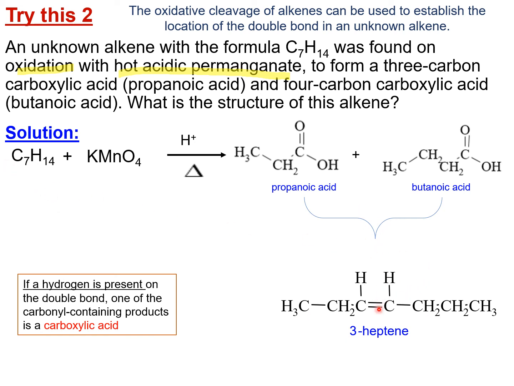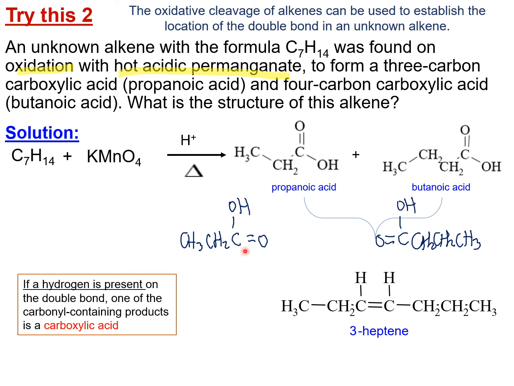Macam mana you tahu dia punya double bond dekat sini? Okay, so kita combinekan propanoic acid ni. Okay, let me draw this. Propanoic acid ni lah CH3, CH2, C double bond O, OH kan. Lepas tu butanoic acid ni pula let's say I lukis daripada belakang lah. It will look something like this. CH3, CH2, CH2, C double bond O, OH.